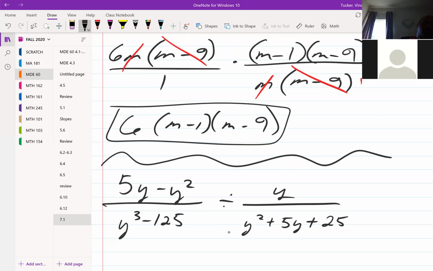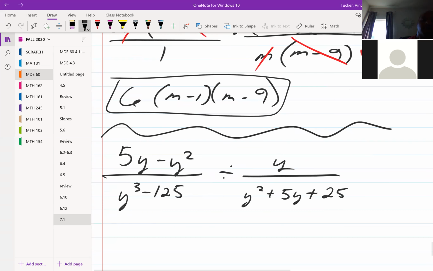All right, we have 5y minus y squared over y cubed minus 125 divided by y over y squared plus 5y plus 25.